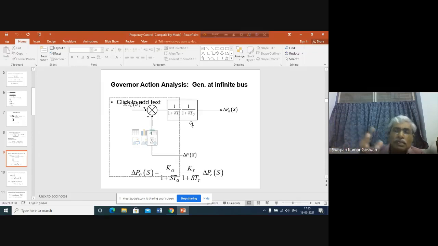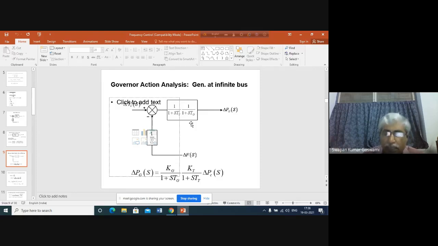So when you connect a generator to an infinite bus, for any change in the output of the generator, we assume that there will not be any change in the frequency of the system. If that is true, any increase in the power input to the generator will create an equivalent increase in the power output.